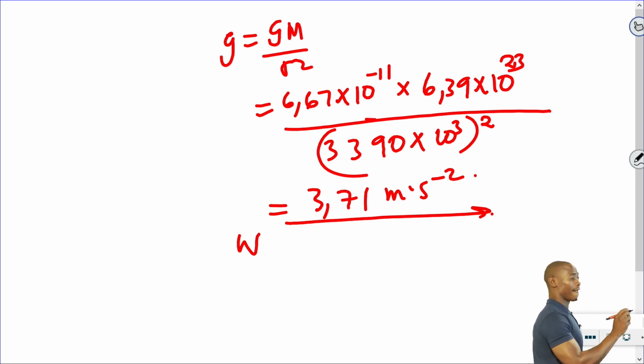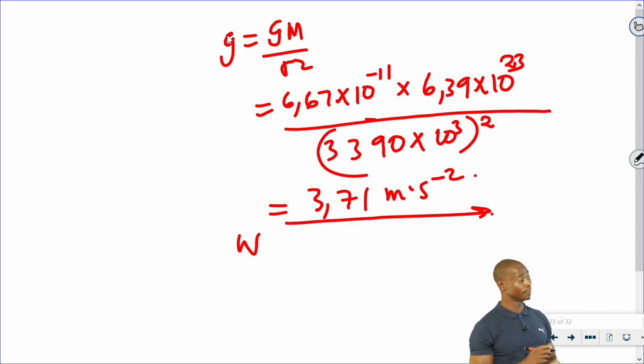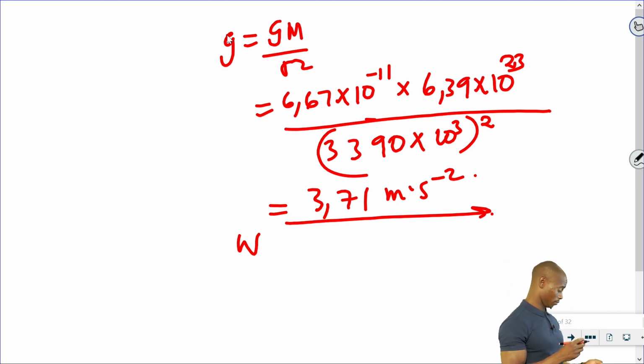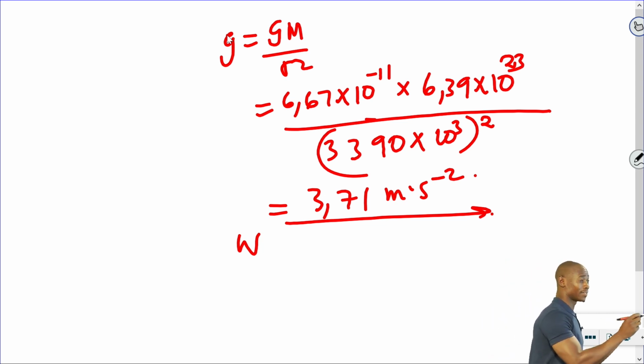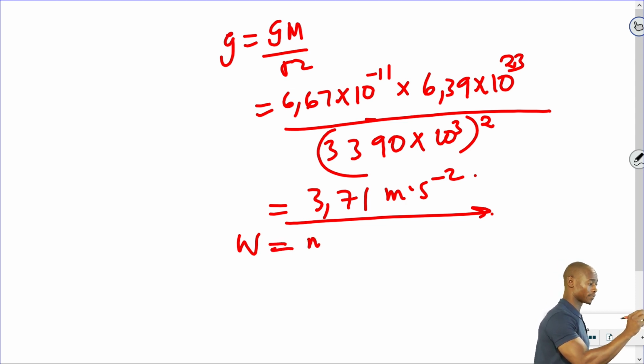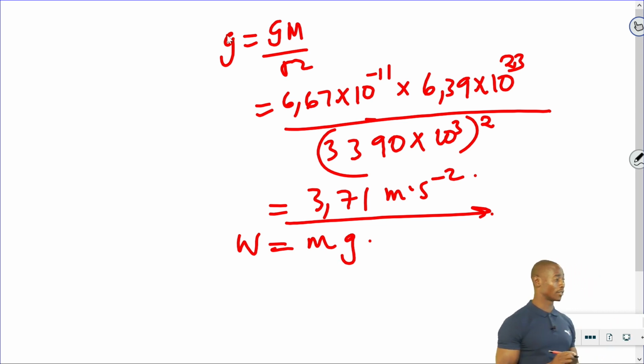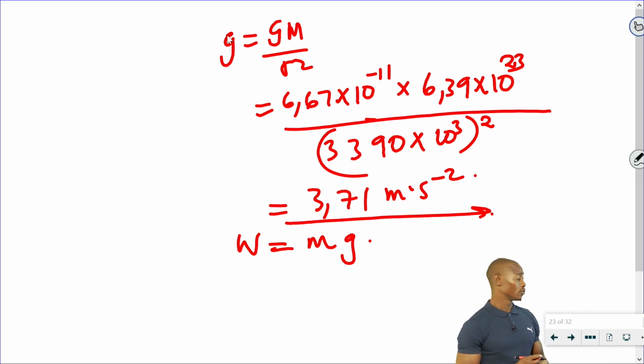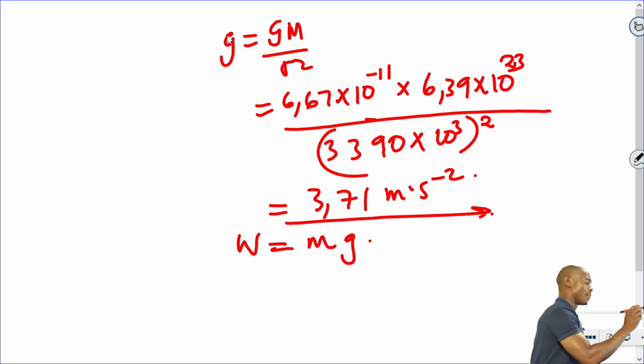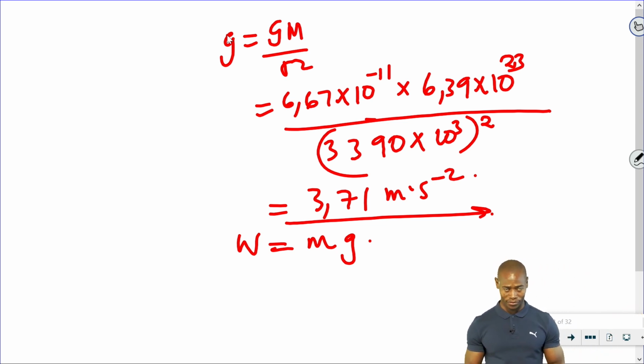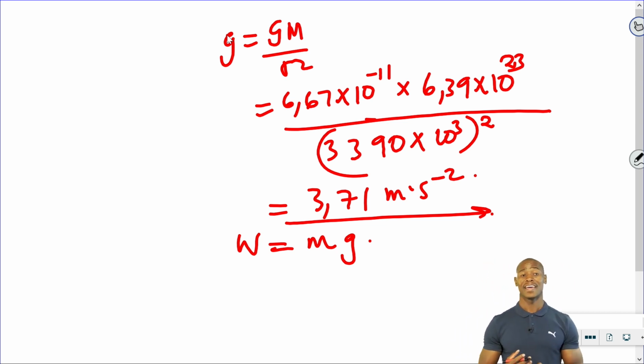Then weight. What we are looking for is the mass. Weight equals mg. Remember, weight is the gravitational force that the Earth exerts on an object on or near its surface.